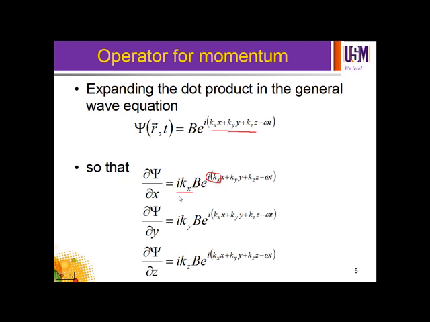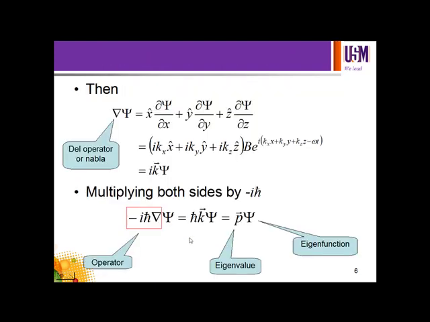That's why we have ikx here. Again, you have to familiarize yourself with the differentiation of exponents. And when you differentiate with respect to y, you have iky here, with z, ikz here. This is how we differentiate when we have the 3 components x, y, z.